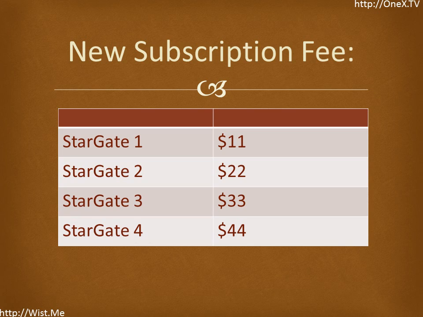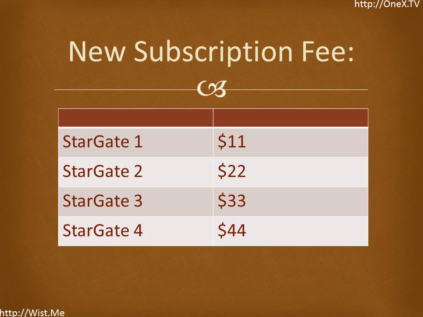Now, remember also that you can upgrade from a lower to a higher Stargate, but you can also downgrade. So let's say that you are Stargate Cadet and you want to upgrade, then you don't have to go to 1 and then to 2 and then to 3 and then to 4. No, you can upgrade from Stargate Cadet immediately to Stargate 4. Alright, that's $44.